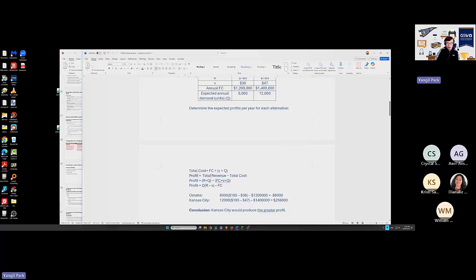We can manipulate that into a different formula. Profit is total revenue, the price times quantity, minus total costs. Then we can rewrite this equation like that, right?